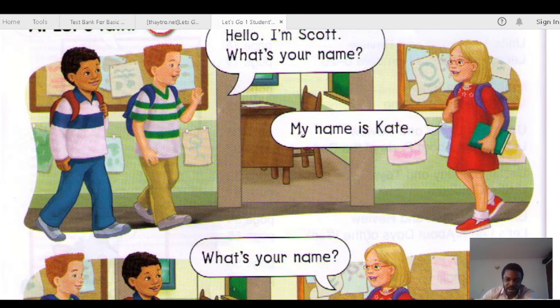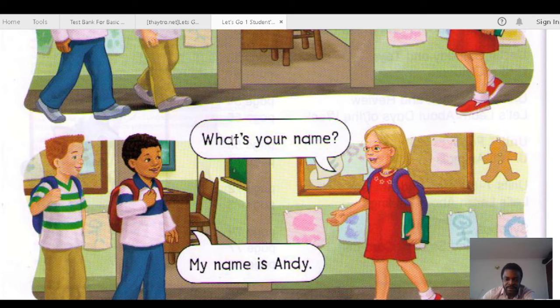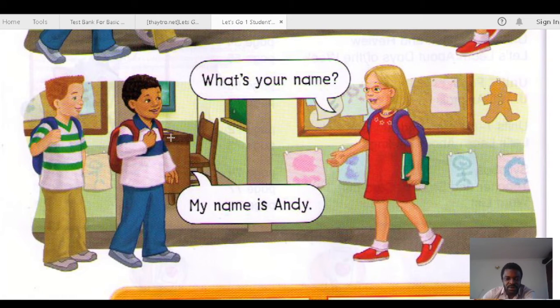Okay? So my name is Kate. What is your name? Her name? His name? What are their names? Now using are, you can also use is. Now when you have our subject pronouns: I, you, we, they, he, she, it.